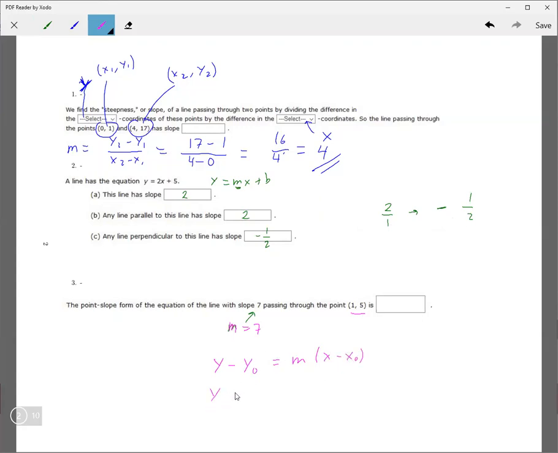So just plug in a 5 for the y0, 7 for the slope, and 1 for the x0. That should give you the correct answer for that one. So that's the point slope form. Any questions so far?